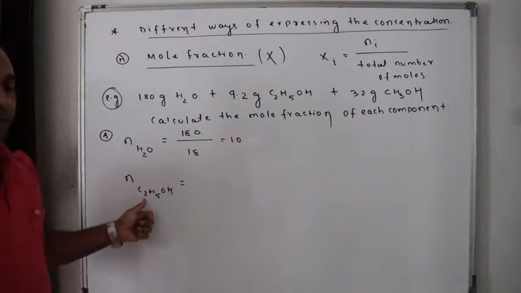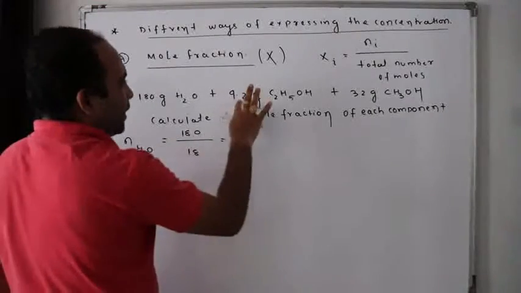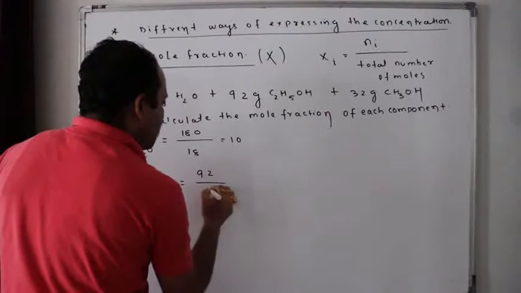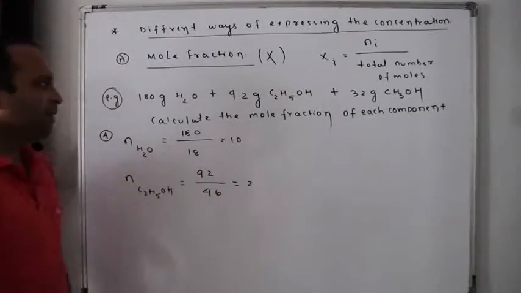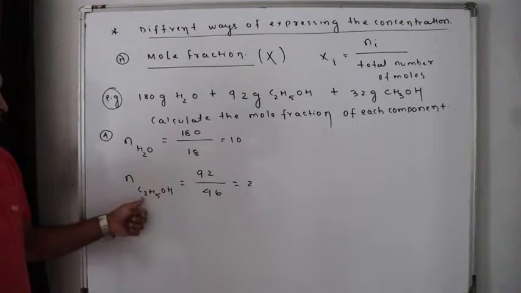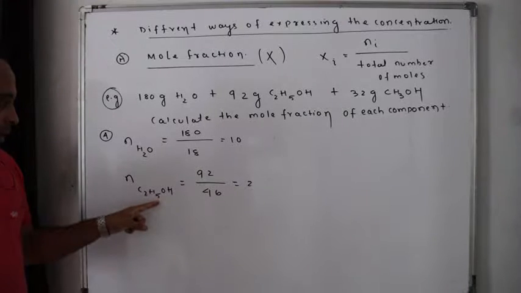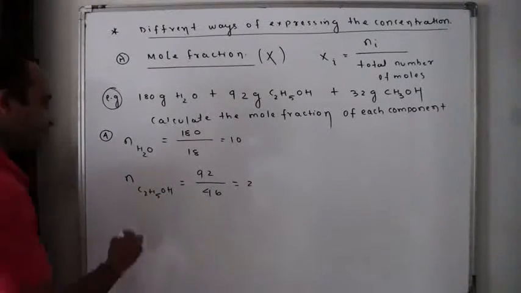What is the molar mass of ethanol? You know, 46. Just make an adjustment, make it 92. 92 by 46, it is 2 moles, isn't it? It will be easy for us to calculate. This is 12, 24, 24 plus 5 plus 1 is 30, yeah, 46, right?